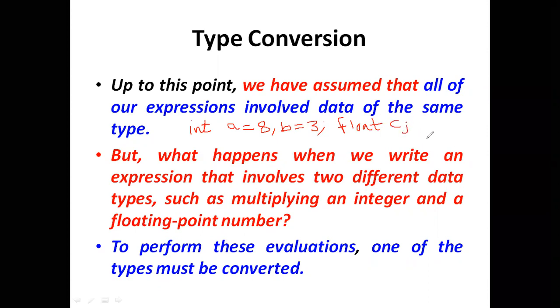Here I am writing c = a / b. Whatever value is evaluated, a divided by 3, gives some 2 point something result, and the value is stored inside c.